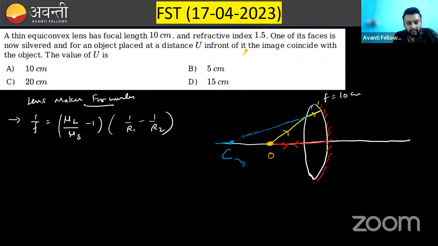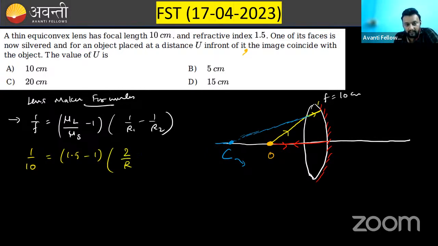Now I am placing the values here. 1 over f, focal length is given as 10 centimeter. Lens refractive index is 1.5. Surrounding is air, that means 1.5 minus 1. 1 by R1 minus 1 by R2, both are equiconvex lens. That means both faces have the same radius of curvature.